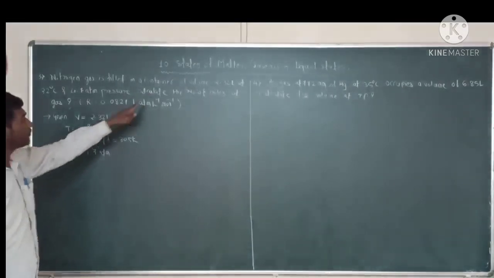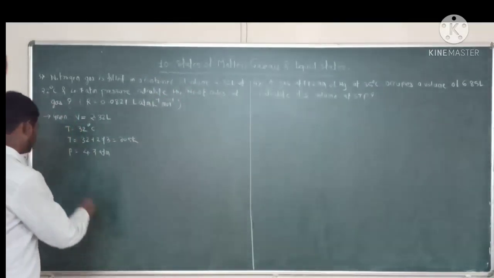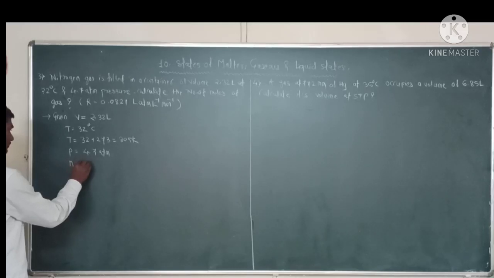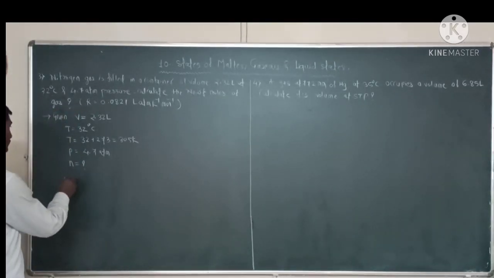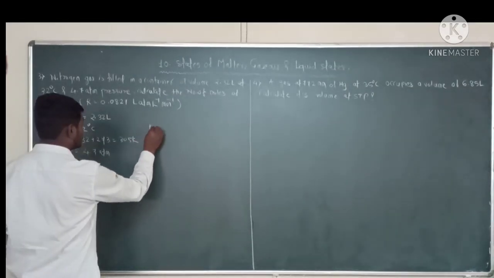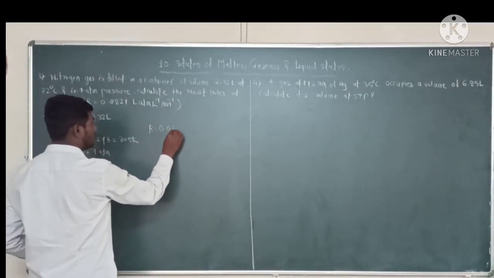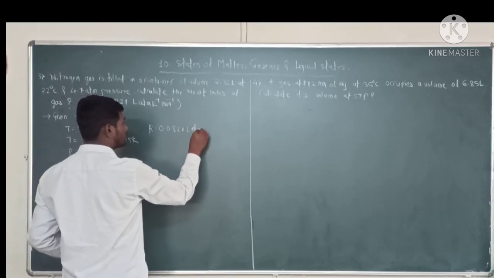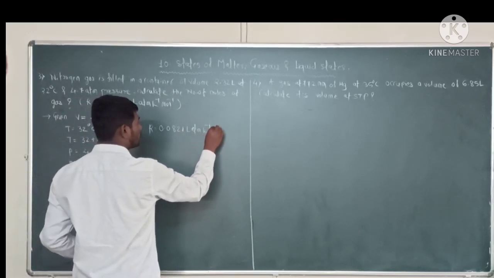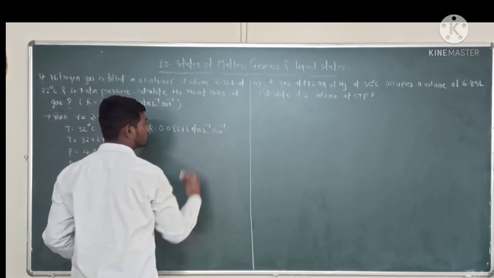Okay. Calculate the number of moles, that is n. Calculate the number of moles of gas if R is equal to 0.0821 liter atmosphere per Kelvin per mole. Okay.